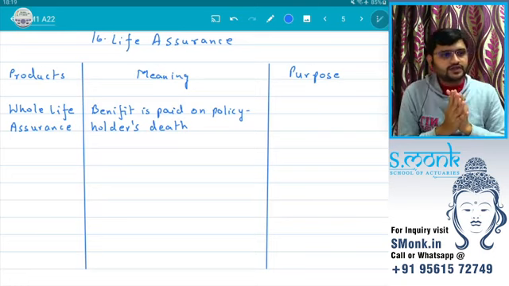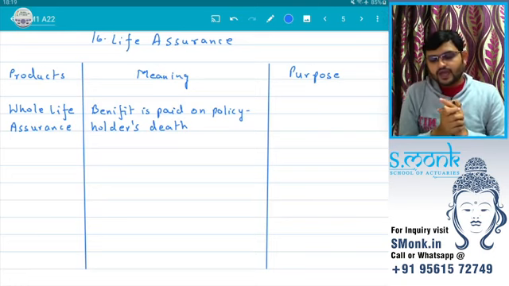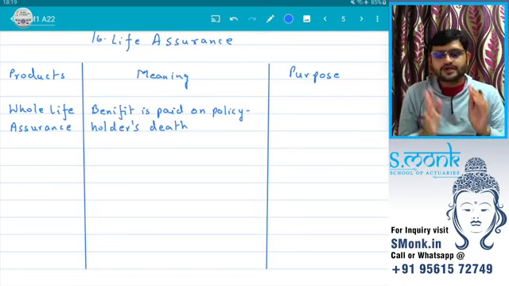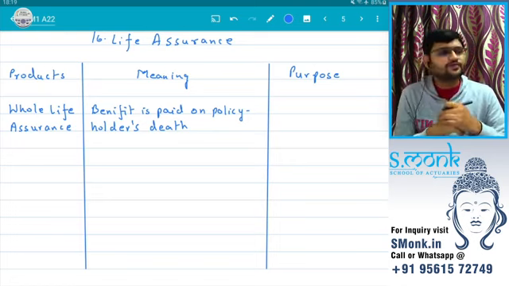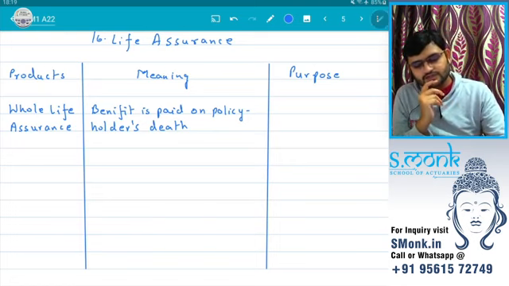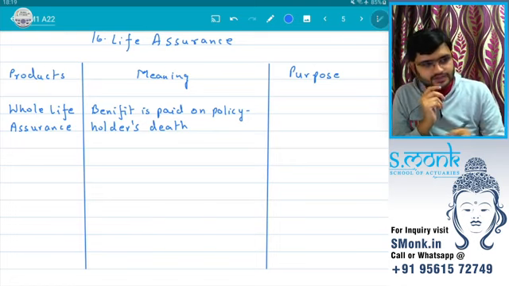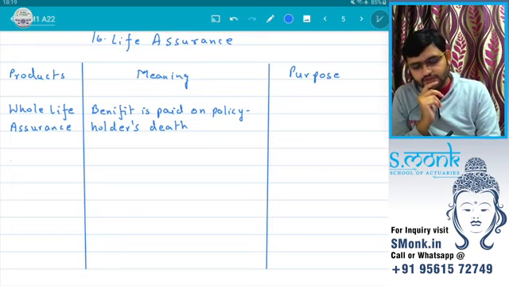There is no condition here. Whenever the policyholder dies, the family will get the money, whatever benefit was promised. So we'll talk about the purposes later on. First, let's talk about different types of products.